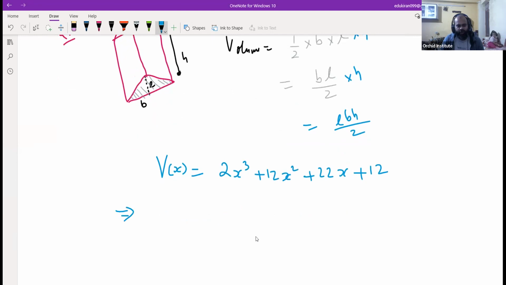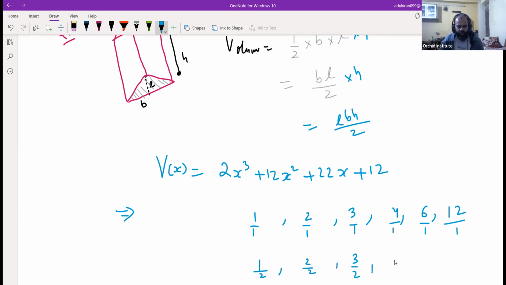Here we want to find the factors. 12 will have 1, 2, 3, 4, 6, and 12 as factors. 2 will have 1 or 2 as factors.